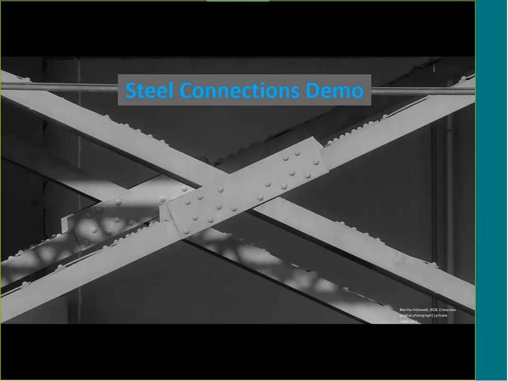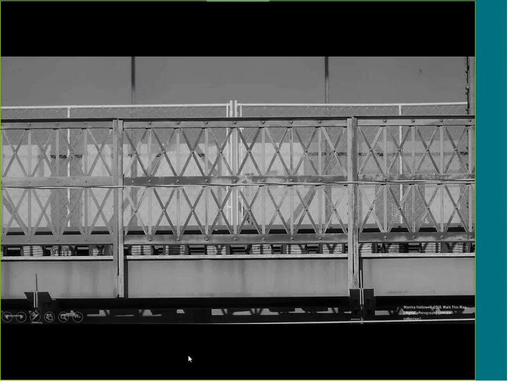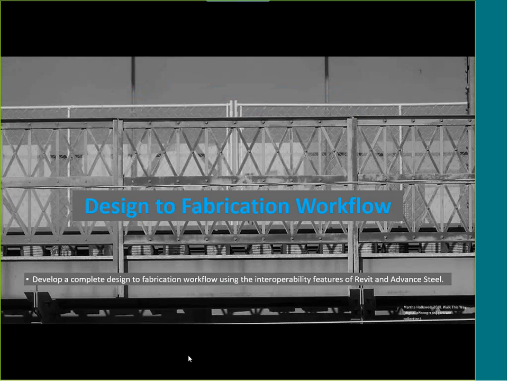So, back to our PowerPoint. As you saw the comparisons between Autodesk Revit and Advanced Steel, you can see that the level of development impacts which type of software you need to use. So what we want to be able to do is develop this complete design to fabrication workflow using the interoperability features.